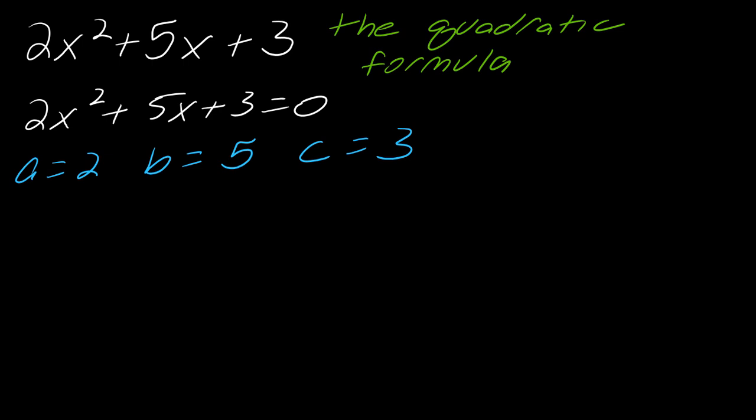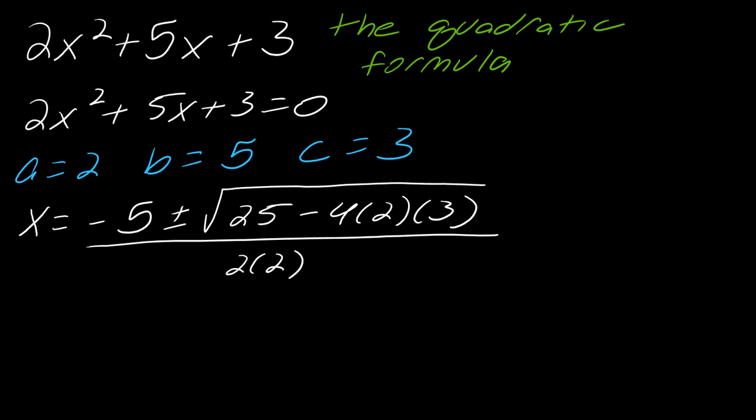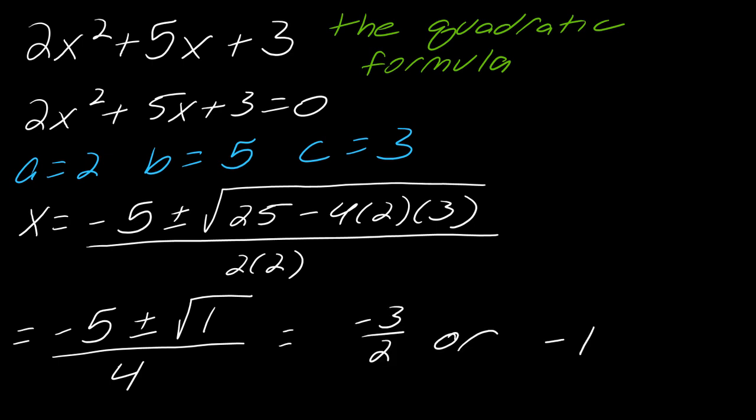And for the sake of time, I'll just show you what it looks like to plug that all in. We'll go boom, like that. And so now you can see, okay, I can work all of this stuff out. And if I continue to work this out, next I'll have this. And so all of this will simplify into the solutions -3 over 2 or -1.